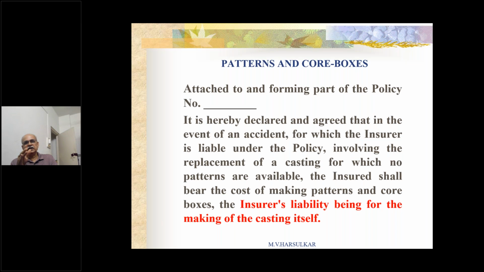That cost is excluded and not admissible under the insurance policy. Only the cost of making the part from the core boxes is payable. The cost of patterns and core boxes is very high, so that is not part of the cover. Only the cost of making the part will be admissible under the policy.